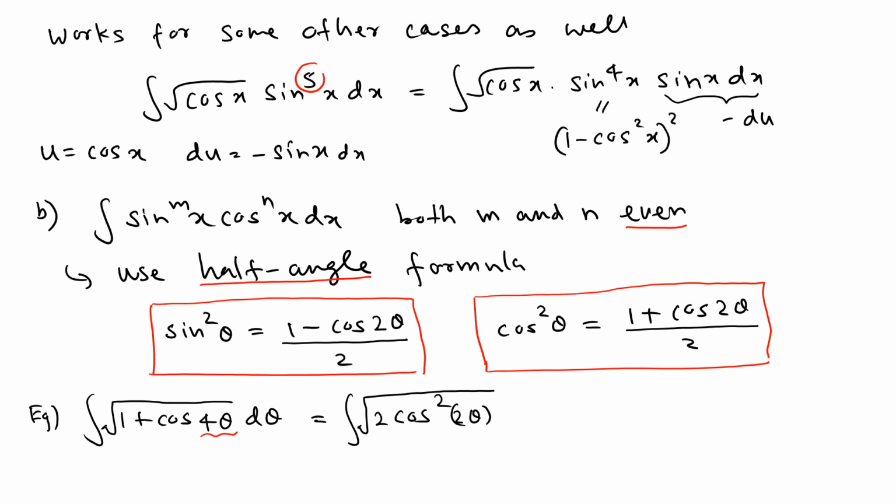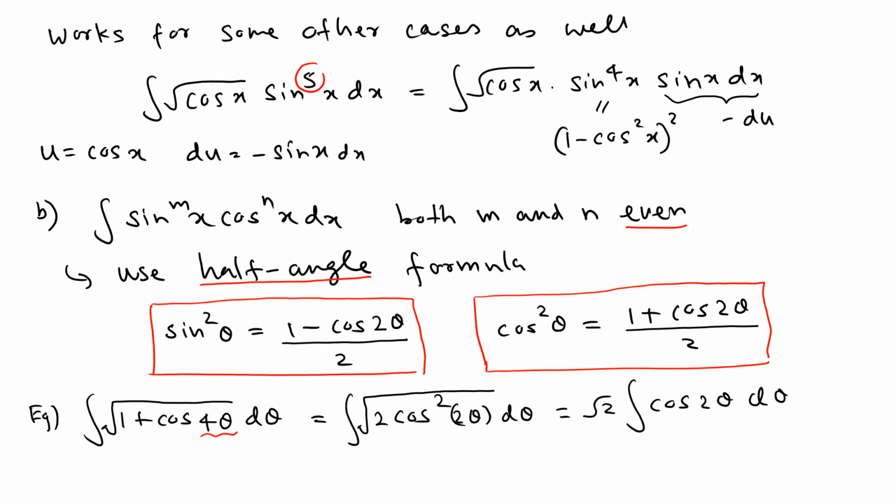The 2 comes from the denominator, so you have to multiply by 2. And then you can simplify. We assume these are all positive, so using that assumption, you can write this as square root 2, which you can pull out, times cosine 2 theta d theta. Now we can just integrate this cosine, so that means this is a sine.